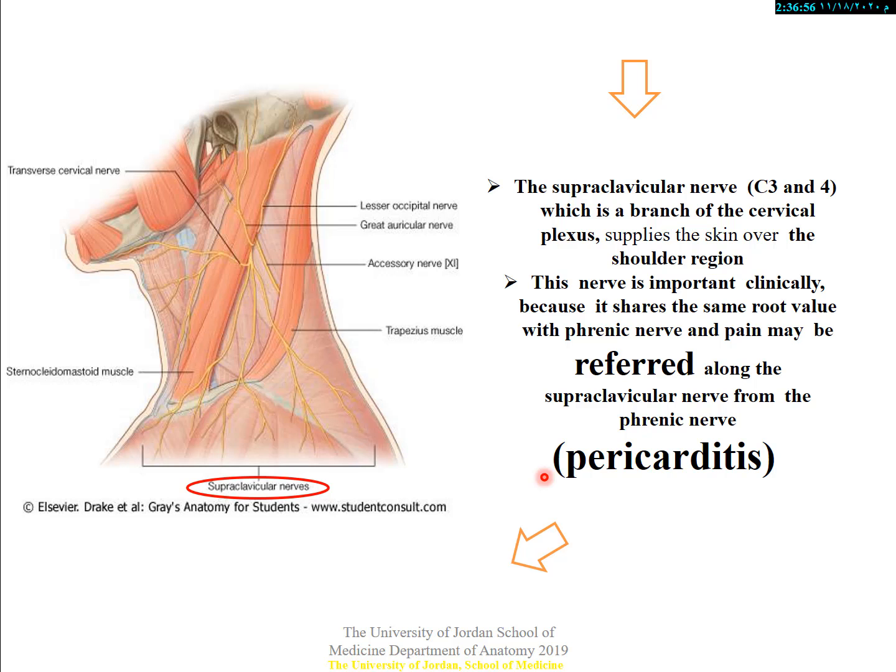So you need to differentiate between a problem in the shoulder, or pain referred from the pericardium and the gallbladder. And to make your life much easier, if you are dealing with a female whose age is more than 40 or in her 40s, fat and female, those are the risk factors for cholecystitis.